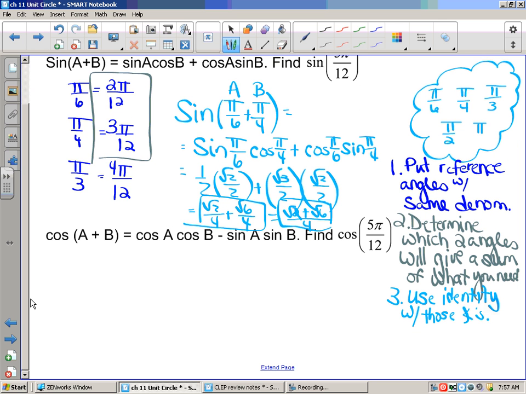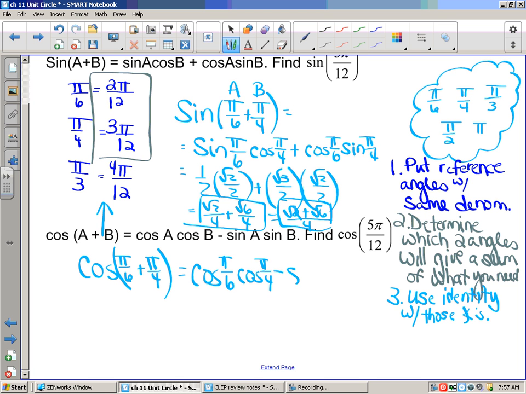Well, we already have determined, same process, put reference angles with the same denominator, which we already have here above, right? Second step is determine which two angles will give us the sum of what I need. I already know that. So how it works with cosine would be the cosine of pi over 6 plus pi over 4. And that would mean the cosine of pi over 6 cosine pi over 4 minus the sine of pi over 6 sine of pi over 4.